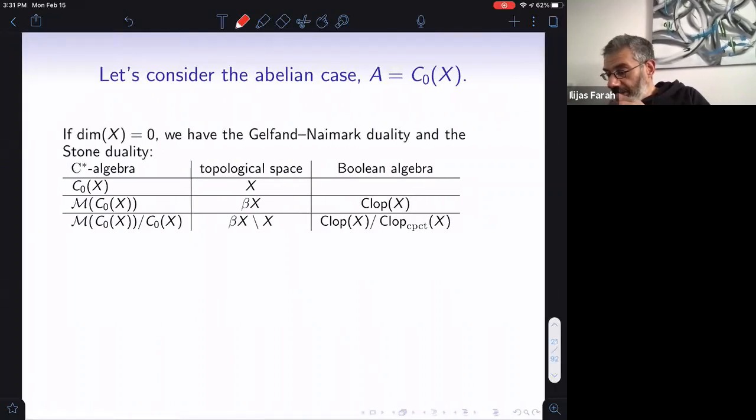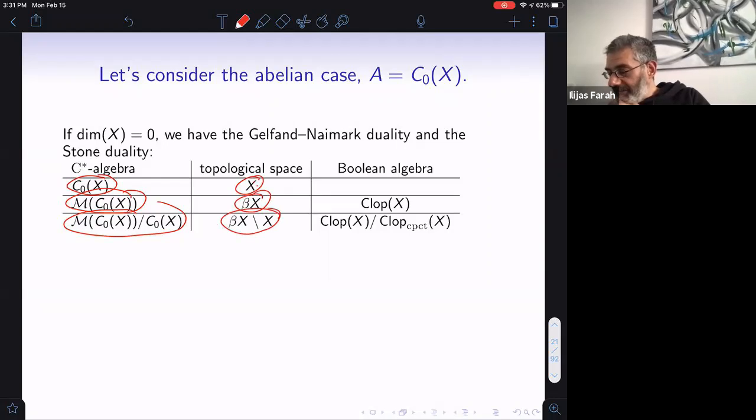So here is really the picture. We have on the left C-star algebras, C0 of X, its multiplier algebra, and the corona. They correspond to topological spaces X, beta X minus X.